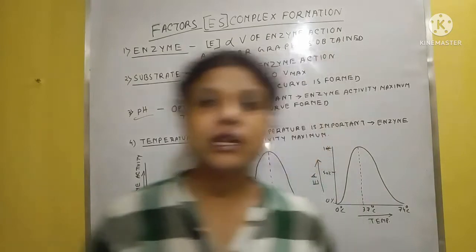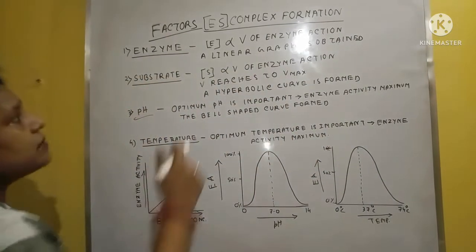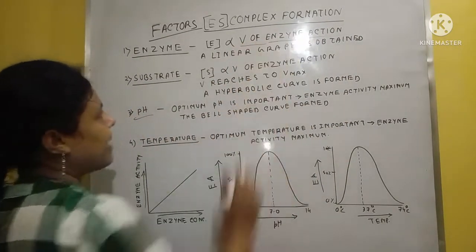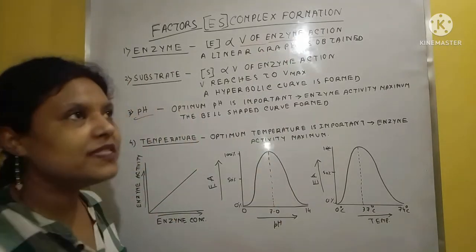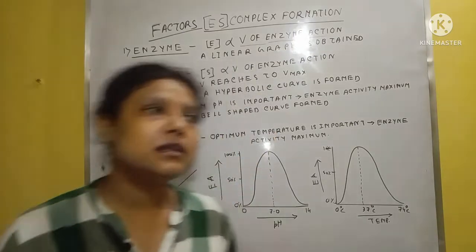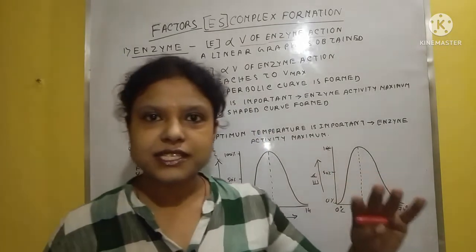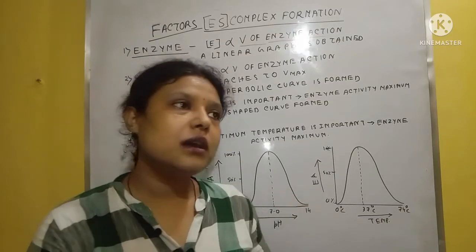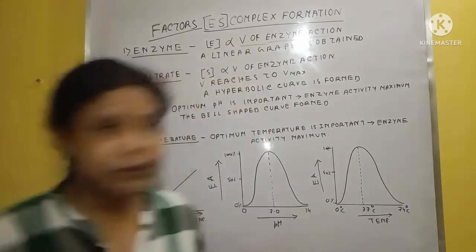When the enzyme concentration is slowly increased, the enzyme activity, the velocity of the enzyme action, also increases slowly. But after some time, when all the enzymes are occupied by the substrate, the velocity stops increasing. Until then it will continuously increase, as long as any enzyme remains free or not bound to any substrate in the medium.